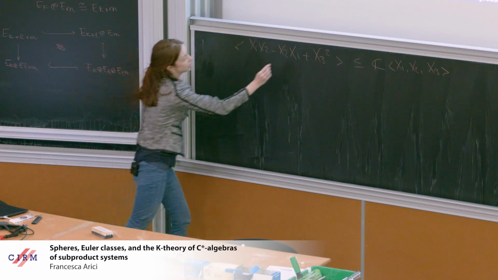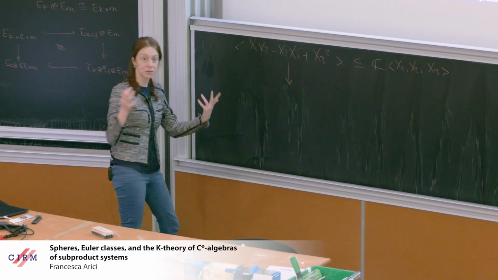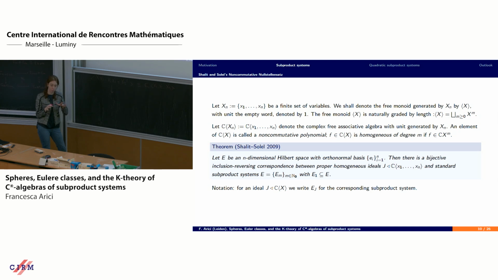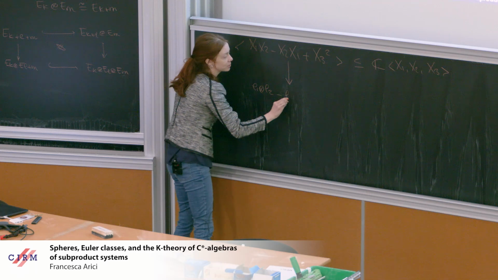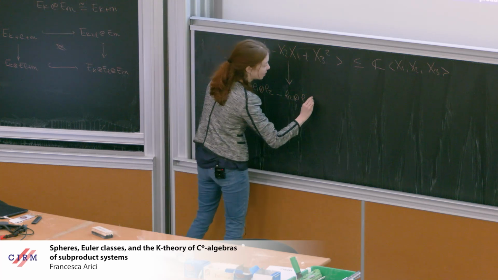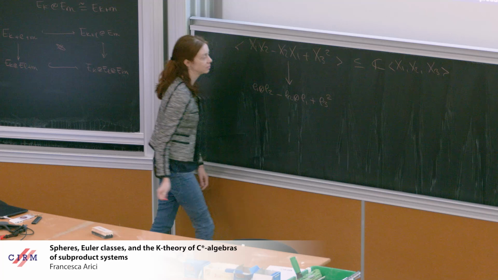Well, you can identify this because, as I said, before I talked about the identification between homogeneous polynomials and symmetric tensors, but non-commutative polynomials correspond to general tensors. So you map this to e1 tensor e2 minus e2 tensor e1, you just look at the variables, plus e3 squared.